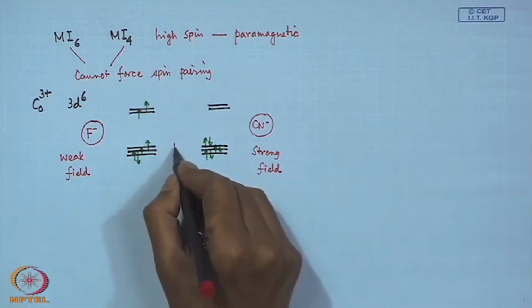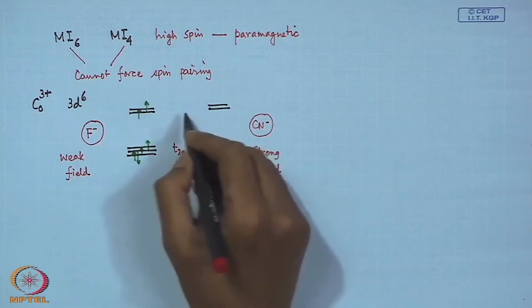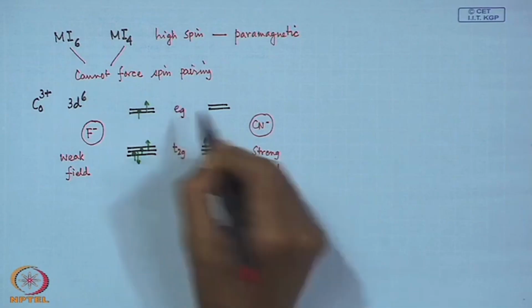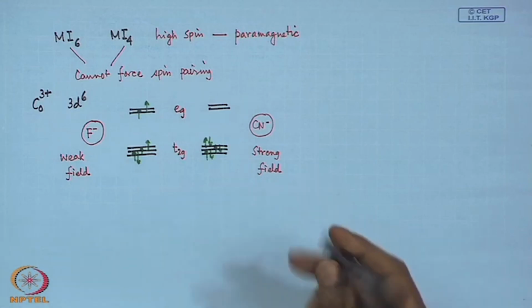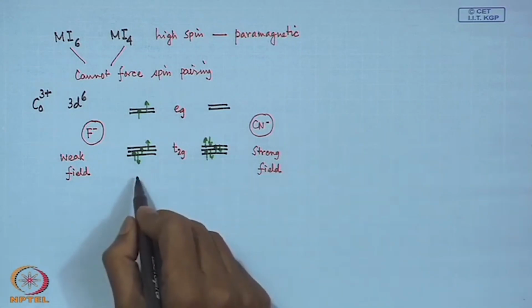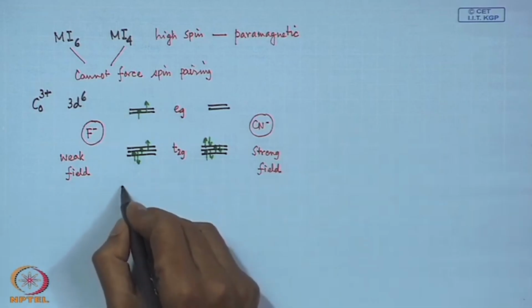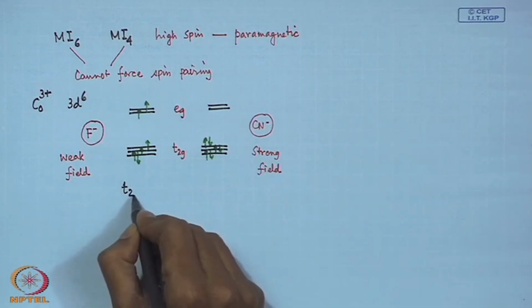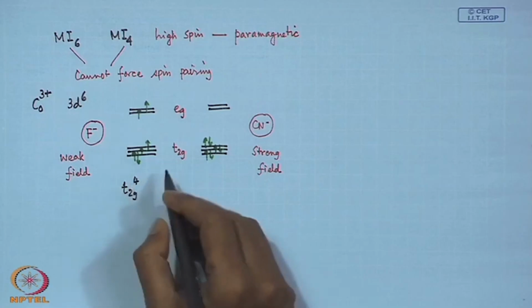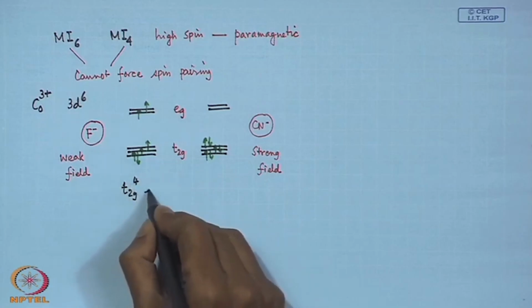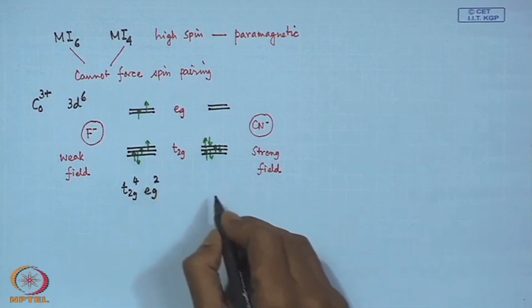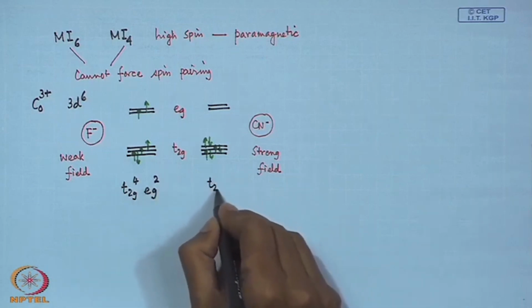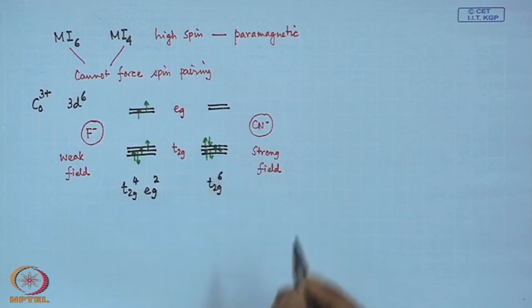So these two are the t2g, these two are the eg level. In this particular situation, this one we can write as t2g4 eg2, and this is t2g6.